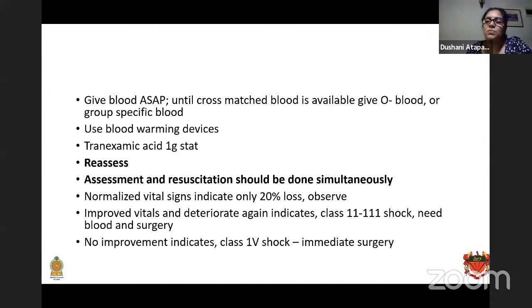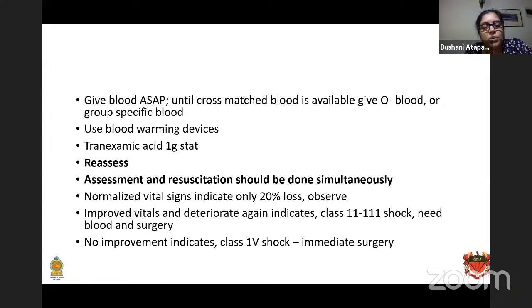If the patient is a responder to initial resuscitation, if the patient's vital signs are normalized, that means about 15 to 30% of blood loss. So you can observe, right? If the patient's parameters are improving, you can observe.